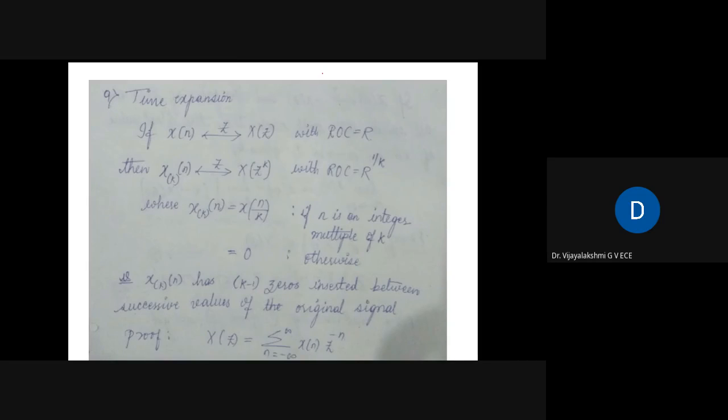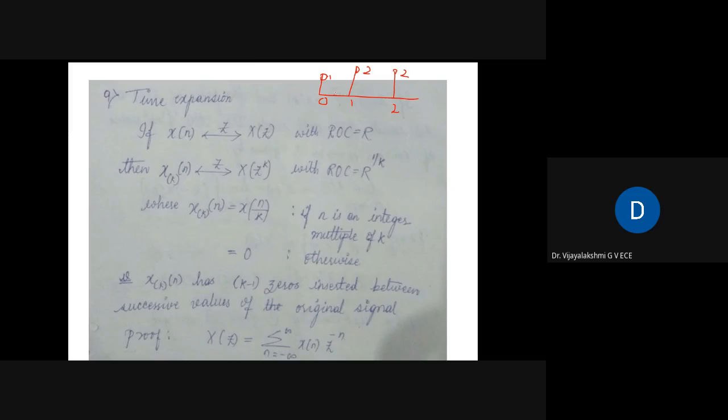For example, if I have any x of n, something like this, say this is 1 and this is 2. I am just taking an example. This is 2, at 0, 1, 2. Now x of n has only 3 samples. If I want to expand, in between these two I will insert a 0.